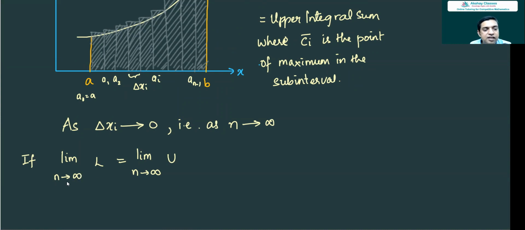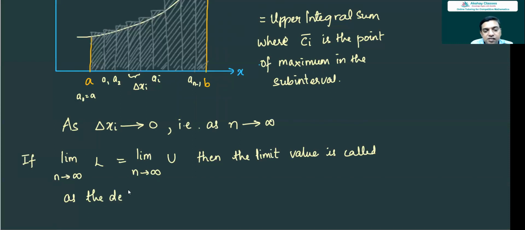If limit n tends to infinity of L is equal to limit n tending to infinity of U, then the limit value is called the definite integral.